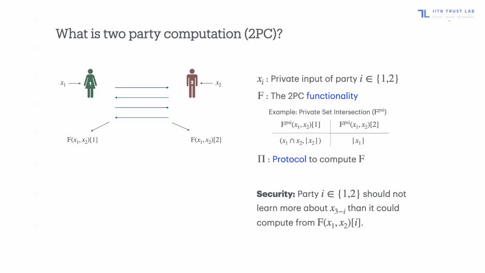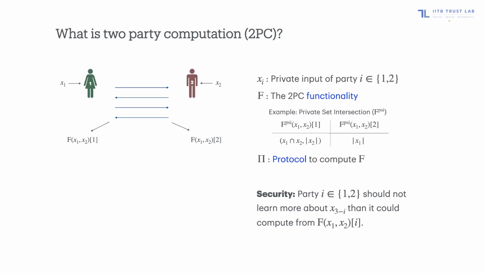This desired result is output by a functionality, which is f here. This is a two-party computation functionality that takes in two inputs and gives two outputs. f(x1, x2)_1 would be the output for party 1, and f(x1, x2)_2 would be the output for party 2.